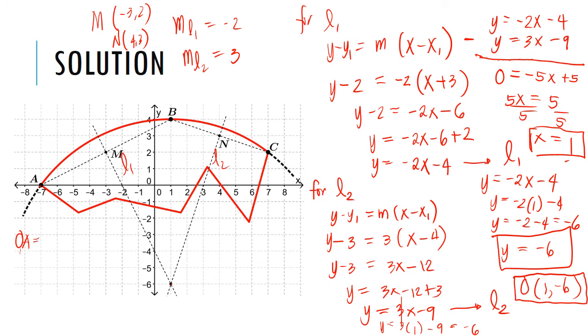That is the radius. The distance formula is the square root of x2 minus x1 squared plus y2 minus y1 squared.